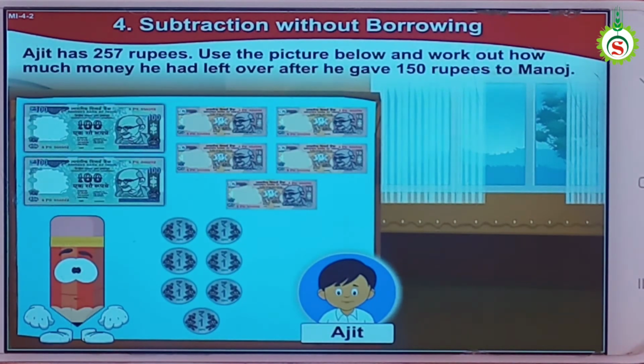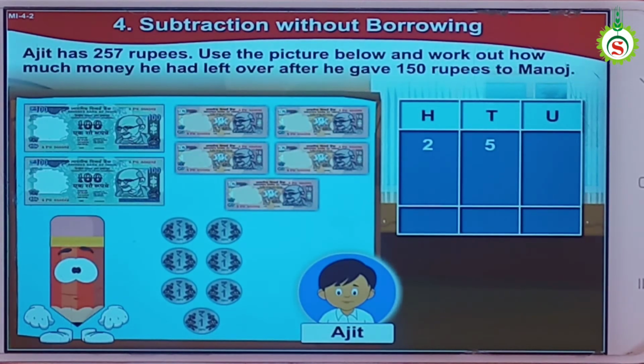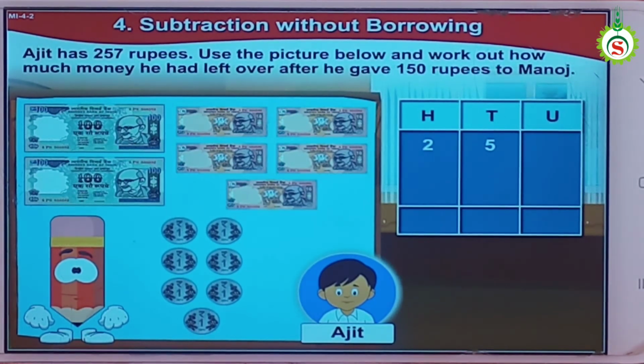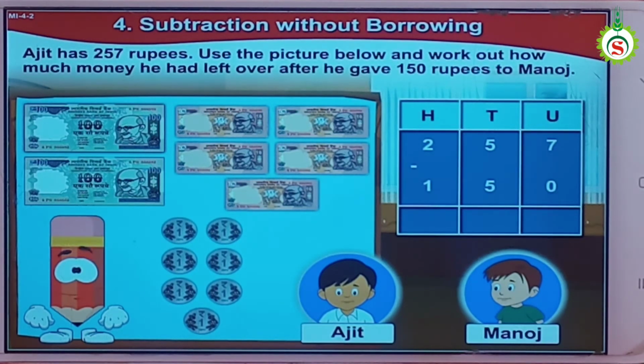Here are two notes of 100 rupees each, which means 2 hundreds. 5 notes of 10 rupees each, which means 5 tens. And 7 coins of 1 rupee, which means 7 units. Out of these, he gave 150 rupees to Manoj, which means 100, 5 tens and 0 units.